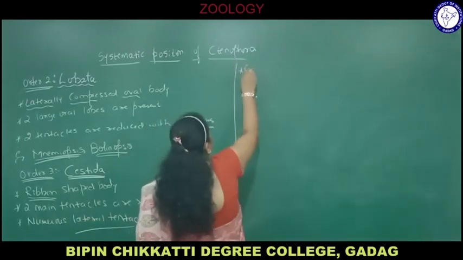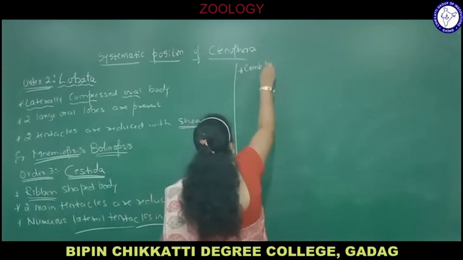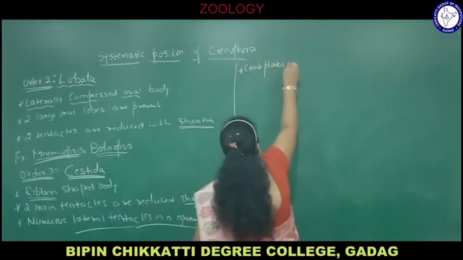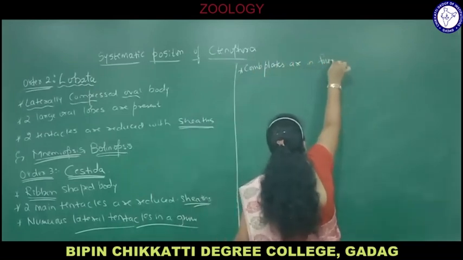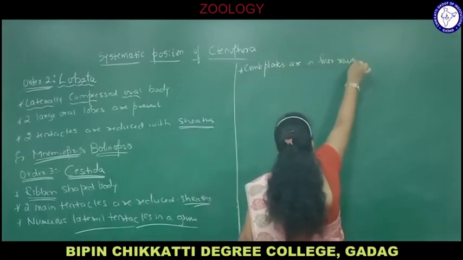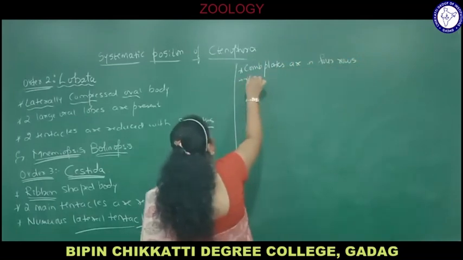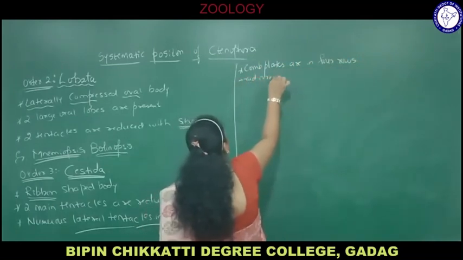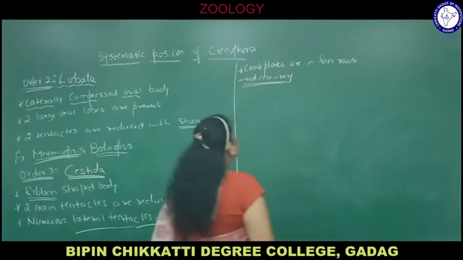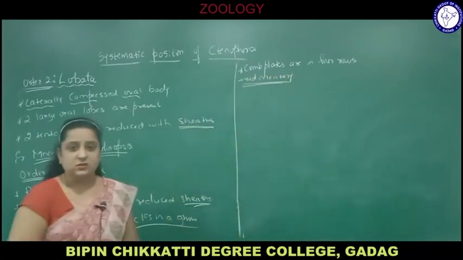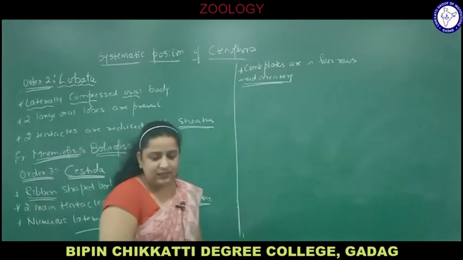Comb plates are in 4 rows, but they are rudimentary. Rudimentary means no function, functionless they are. They are present, but there is no function. So they are called as rudimentary in nature.